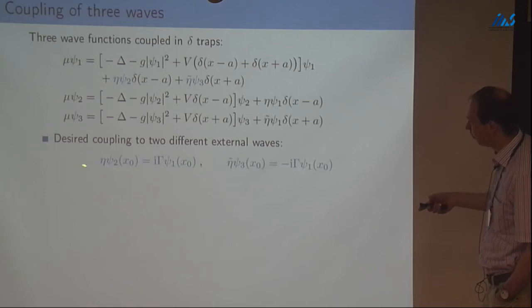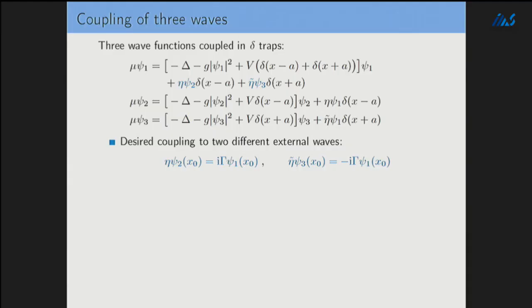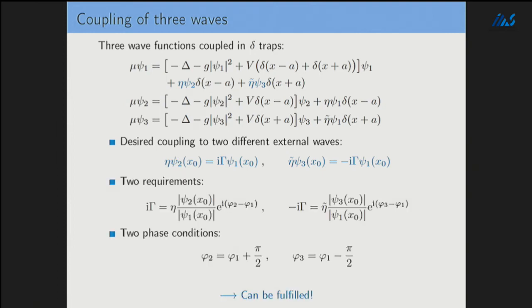We had this condition in one delta well. If we want to look at both, we have both conditions for both delta wells, and they look very similar, and they are also completely independent because we have here only wave function psi 2 and here only wave function psi 3. So if it turned out to work in the case where we only couple two wave functions in one delta well, we do nothing else here, but in two wells, two different wave functions, it should also turn out, and this is what the calculation gives, to work.